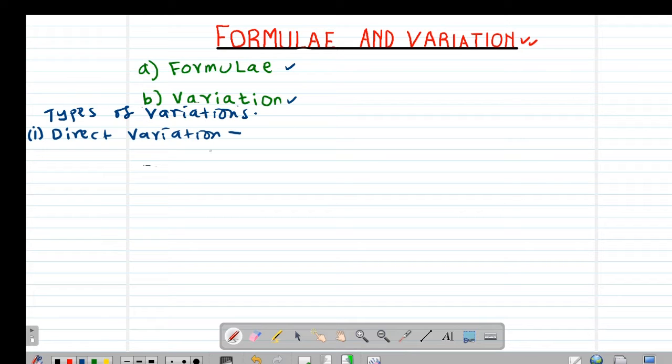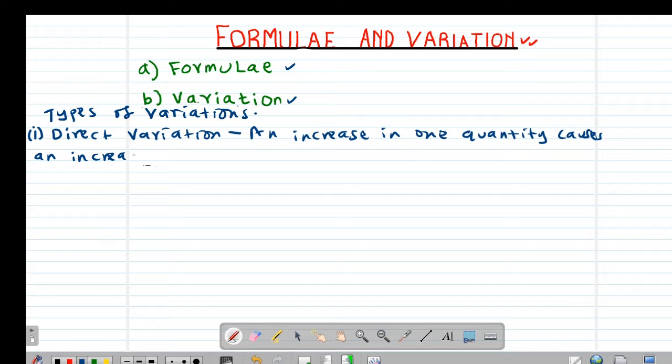This is simply a type of variation whereby an increase in one quantity causes or leads to an increase in another quantity.